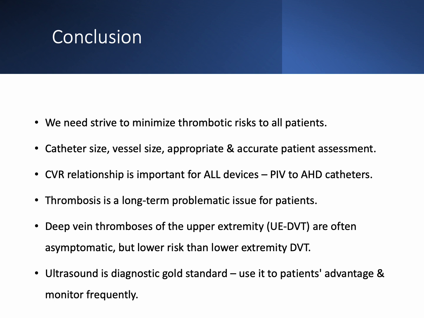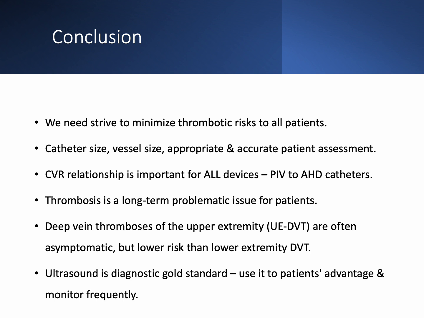Thrombosis is a long-term problematic complication for patients, and once a thrombus has occurred, there's a 50% chance that a thrombus will occur for every successive device that a patient has. So this is an exponential increase in potential risk of catheter-associated thrombosis with the number of devices that patients have.